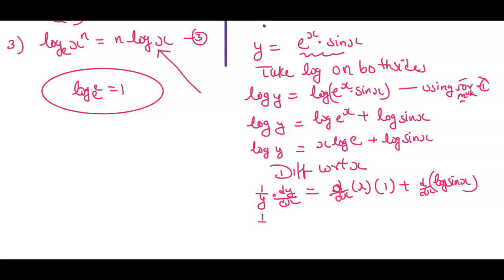Now this is 1 upon y, and dy by dx, derivative of x is 1, derivative of log sin x, the log of a function, I have already taught you in the previous video. It is going to be 1 upon sin x, and derivative of sin x.